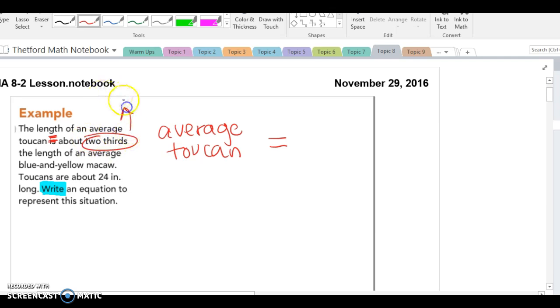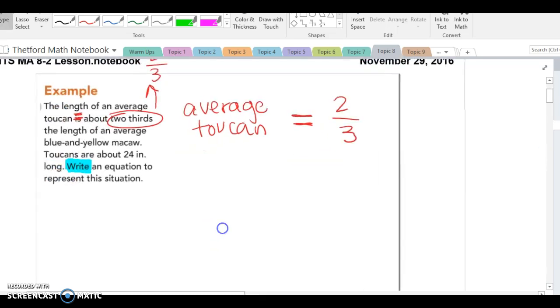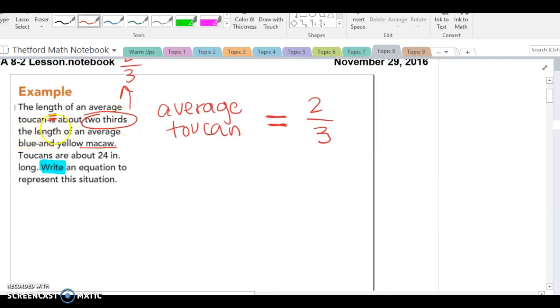I write 2/3 as a fraction. So I'm going to look over here. It's on the other side of my equals. So I have 2/3 the length of an average blue and yellow macaw. So we know that it is of, so we are multiplying.